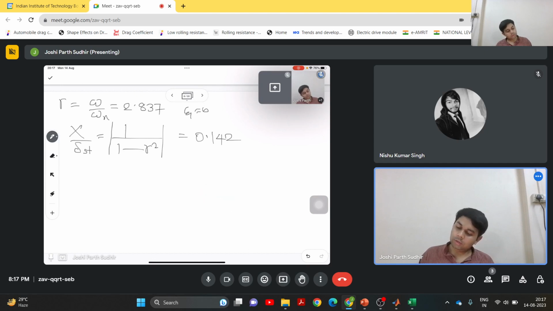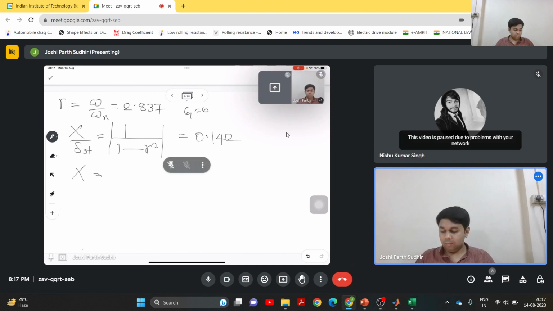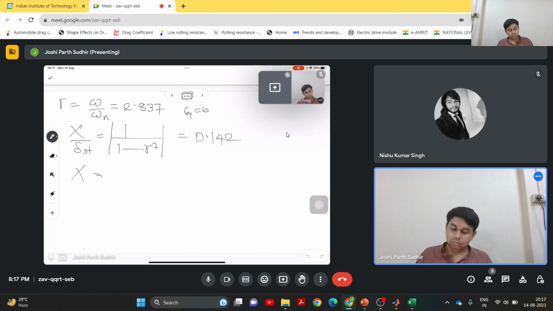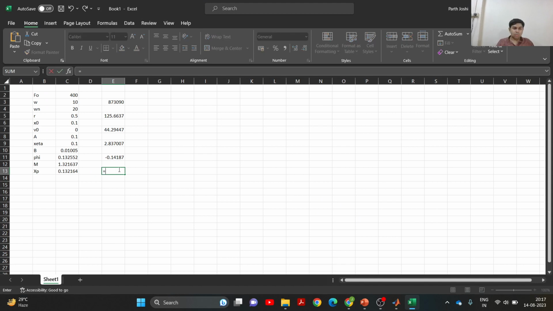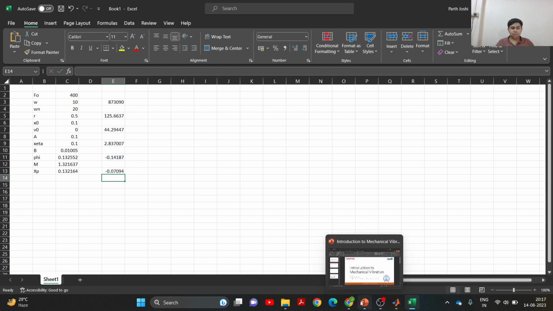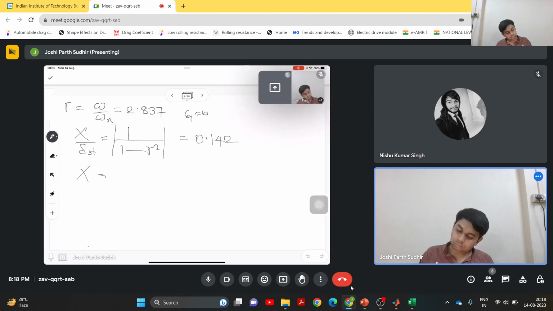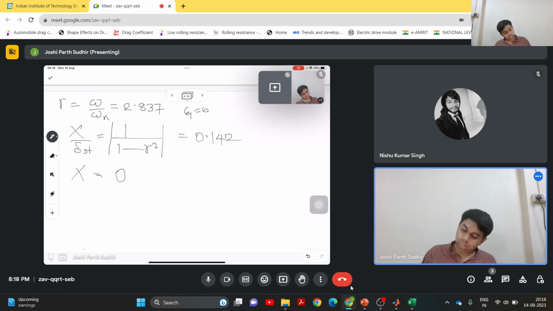So therefore the amplitude will be 0.142 times the static deflection, which will be 0.071 centimeters. So that will be the steady state amplitude of this system.